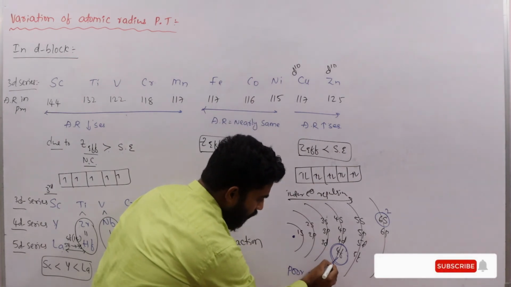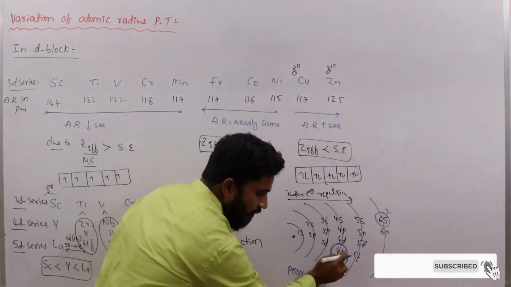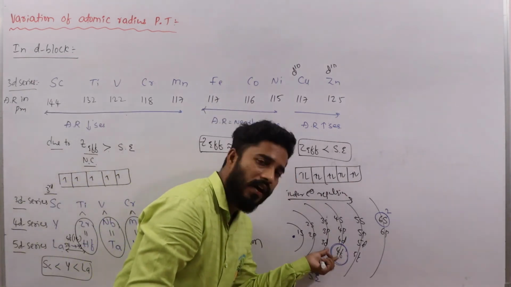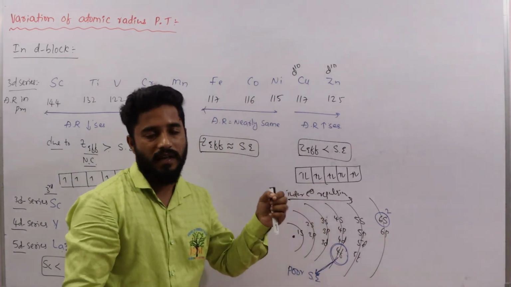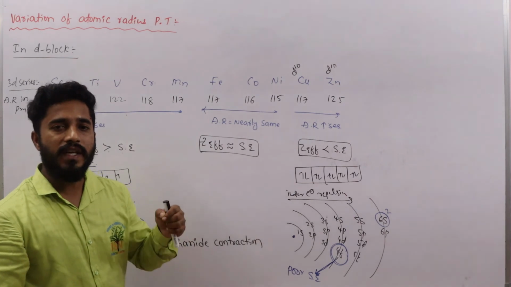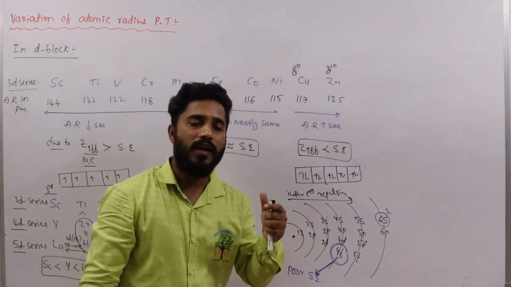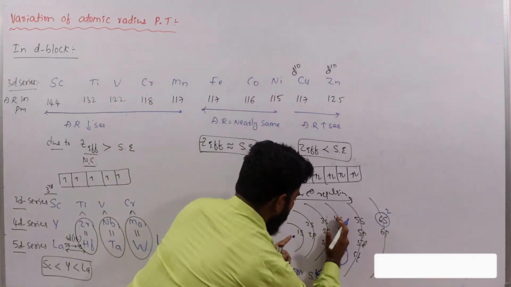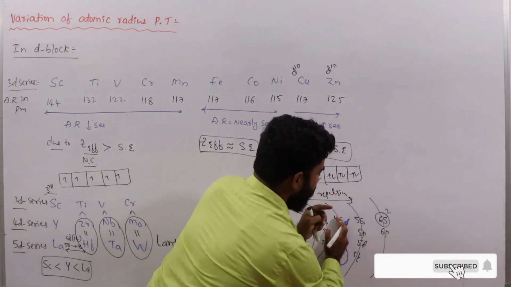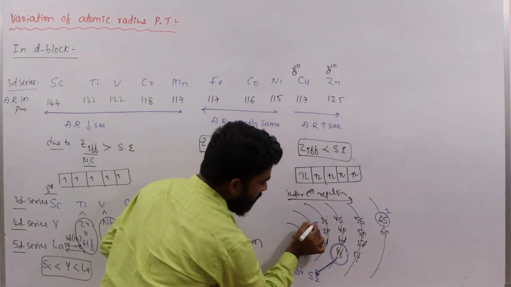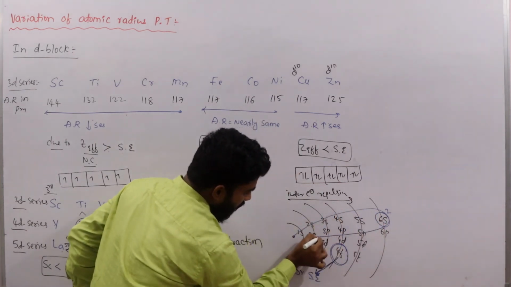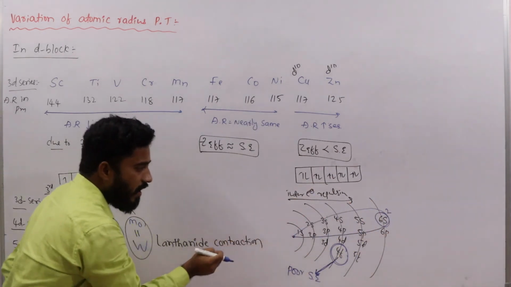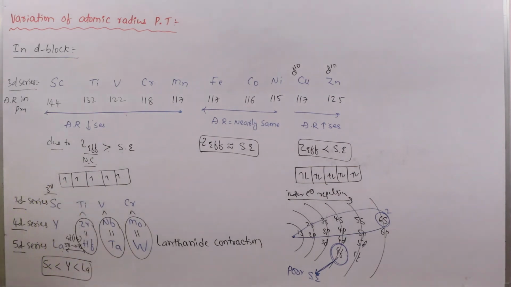That's why the nuclear charge on the 6s orbital is more, and it attracts the 6s electrons towards it. Then size, what will happen? Size decreases.